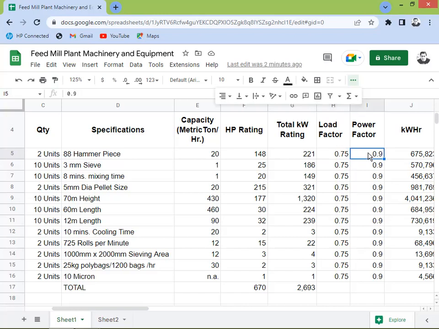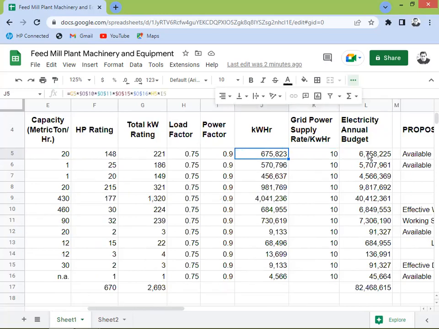And the power factor also, depending on your operation, you just have to ask the electrical engineer in your engineering department what would be the right power factor for your operation, and then you will get the kilowatt hour.